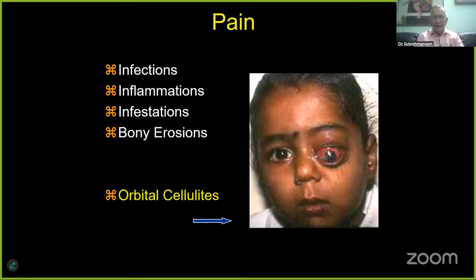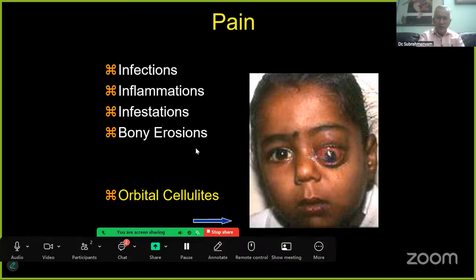Pain is the symptom of infections, inflammations, infestations, and if there are bony erosions. In these situations, there will be severe pain, and usually the presentation is acute to subacute. If it is a bony erosion, it may be a little delayed.